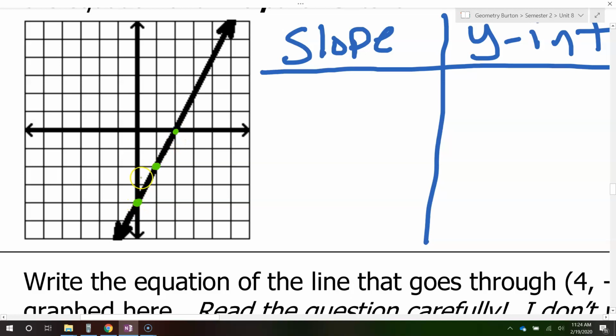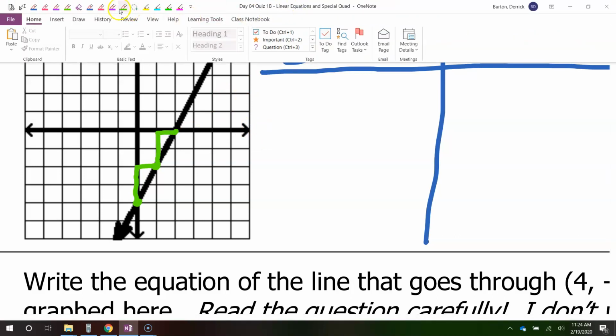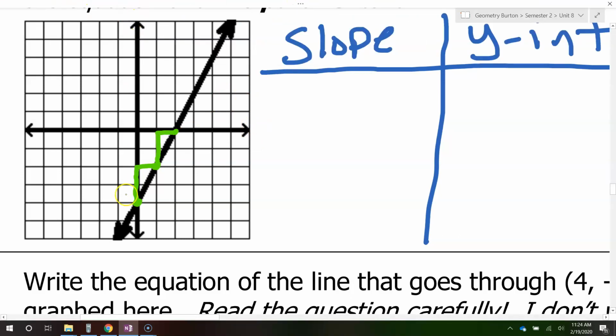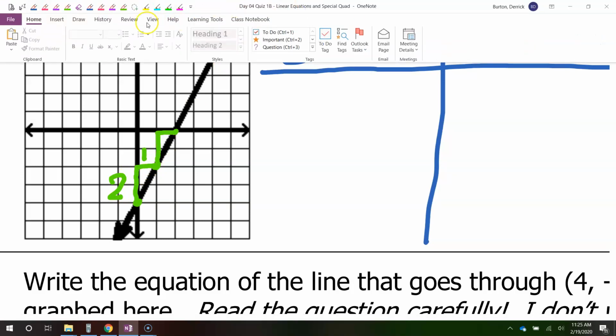So notice as I travel from point to point, I'm going up 2 over 1, up 2 over 1. So it's like rise over run, right? So hopefully you can see that the rise is 2 and the run is 1. Rise over run.